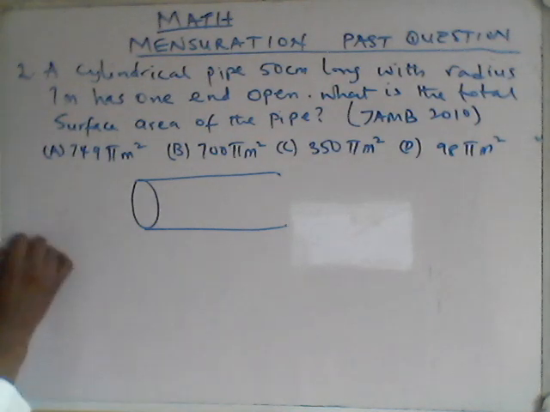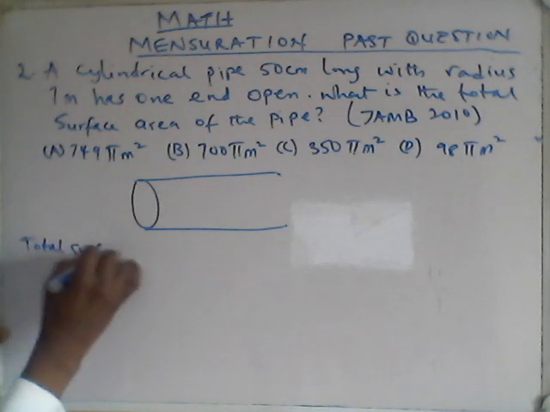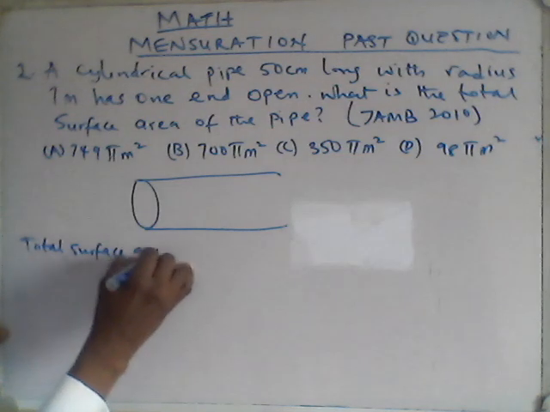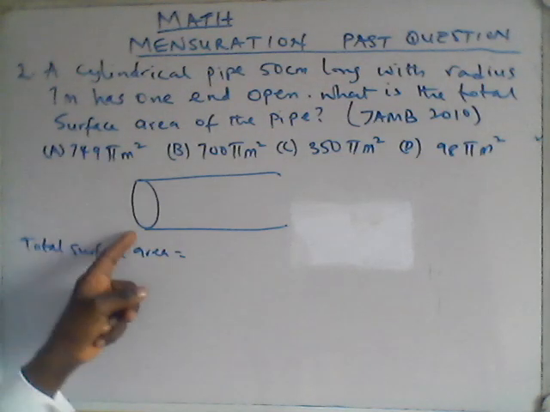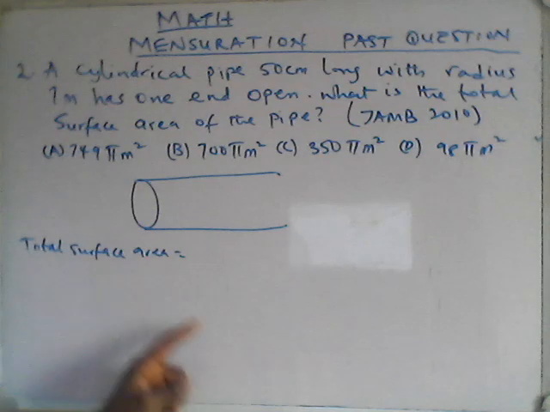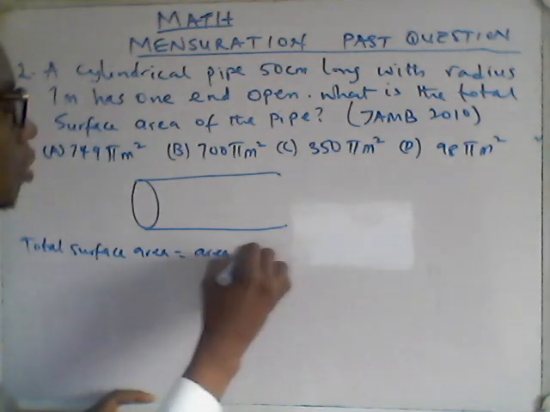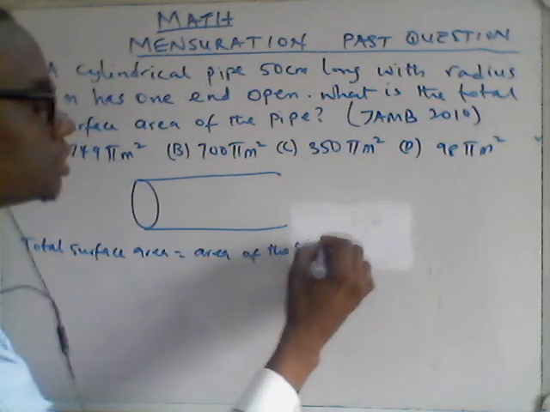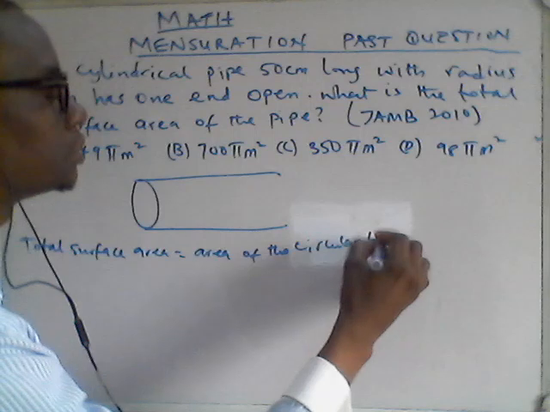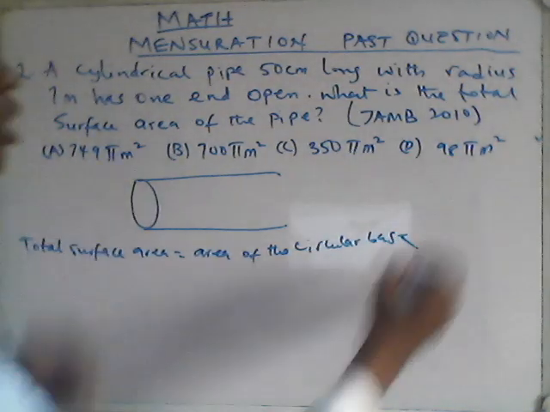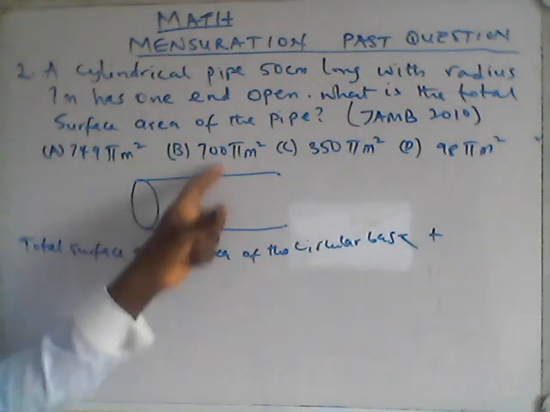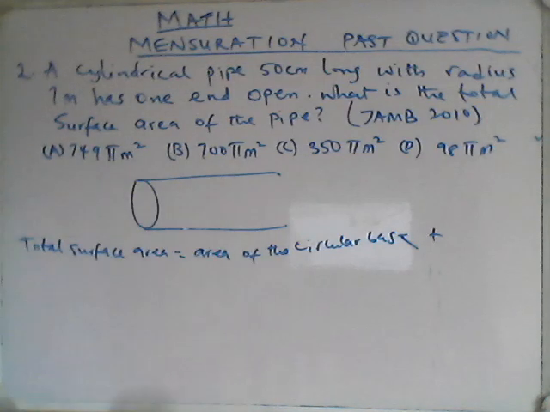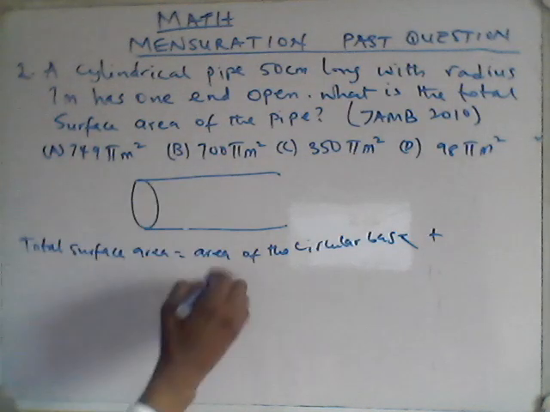Total surface area of this cylindrical pipe is equal to the area of the circular base, which is this one, plus the curved surface area, this side.